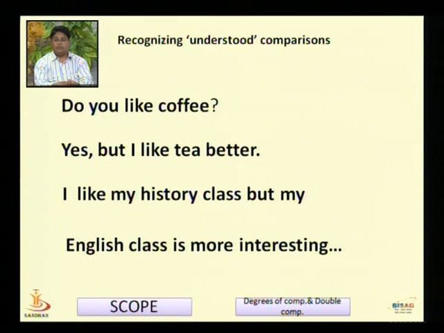Now here the understood comparison is that I like tea better. It means that I like tea better than coffee. So it is understood comparison. The second example, I like my history class, but my English class is more interesting. It means that my English class is more interesting than my history class. So it is understood comparison.